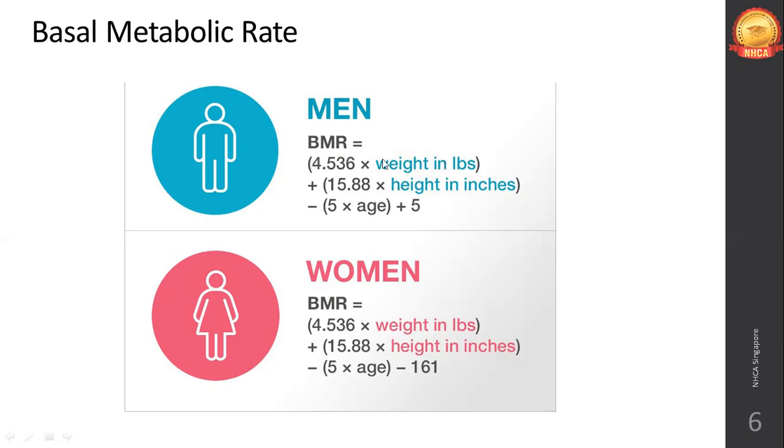When you are using this formula, please remember BODMAS, where B stands for brackets, O for operations, D for division, M for multiplication, A for addition, and S for subtraction.